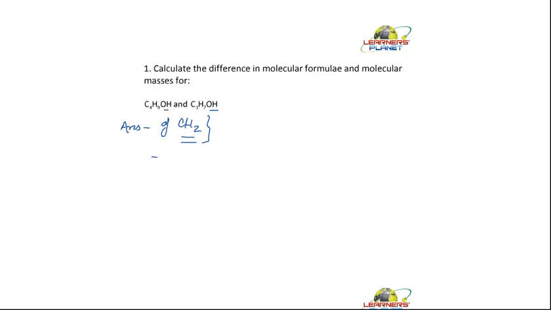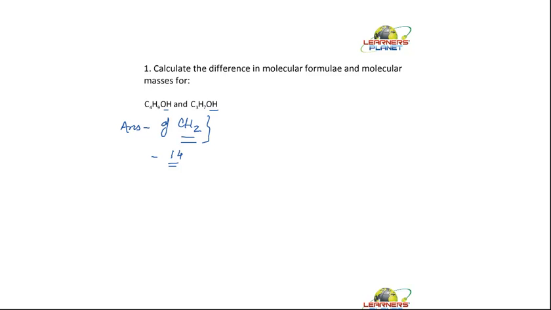So what will be the difference in their molecular weights? It would be 14 only. Okay? So don't waste your time summing up the masses of carbon, multiplying of hydrogen, of oxygen, and again hydrogen, and then subtracting. Just use some logic here.